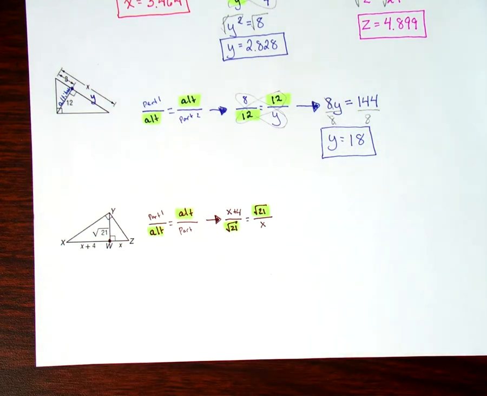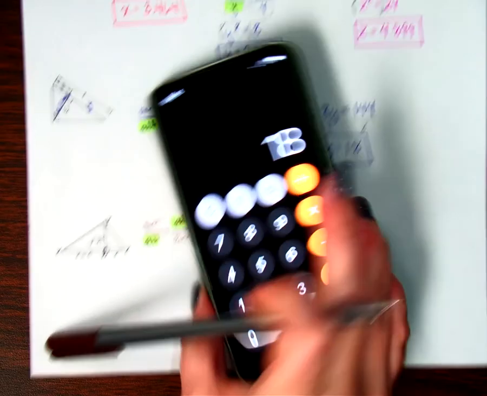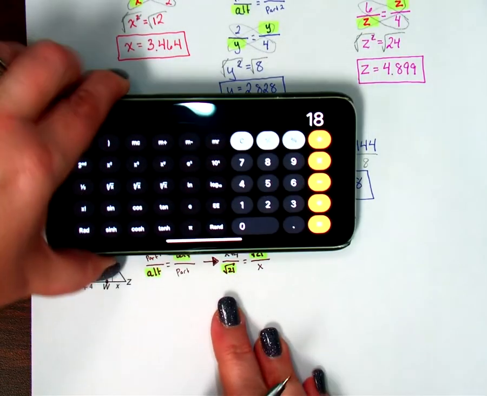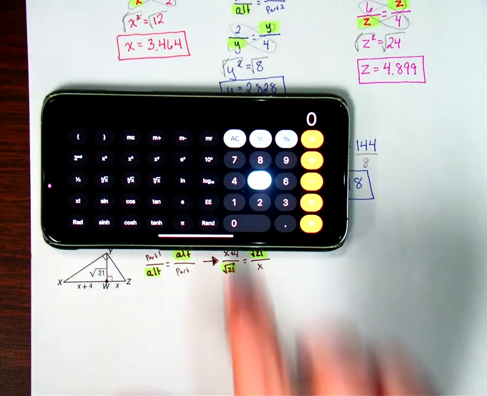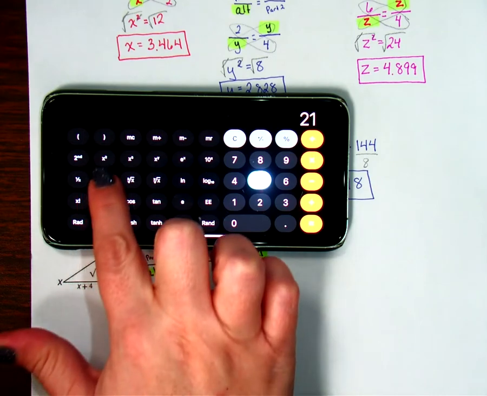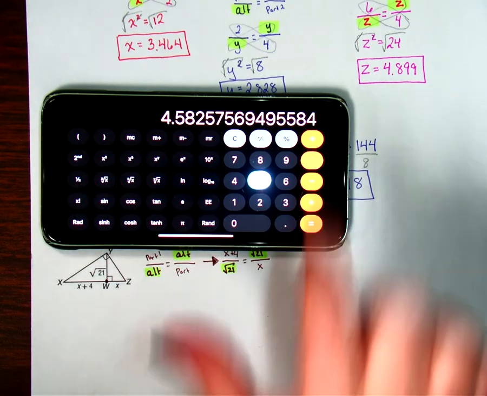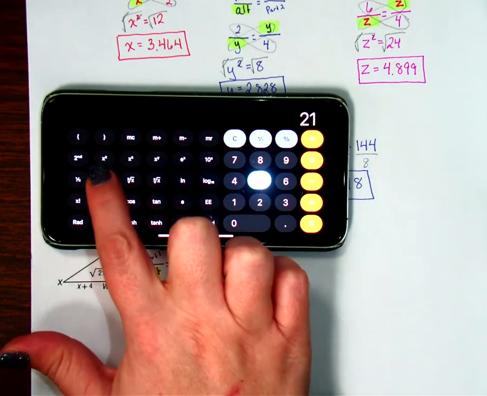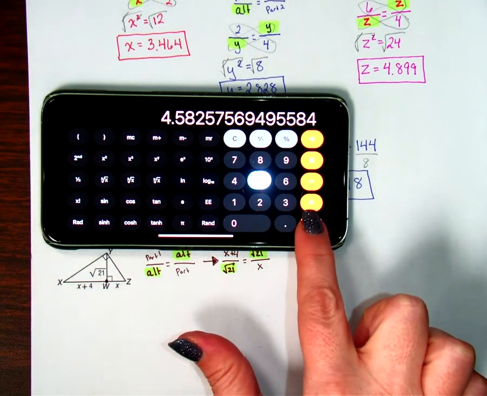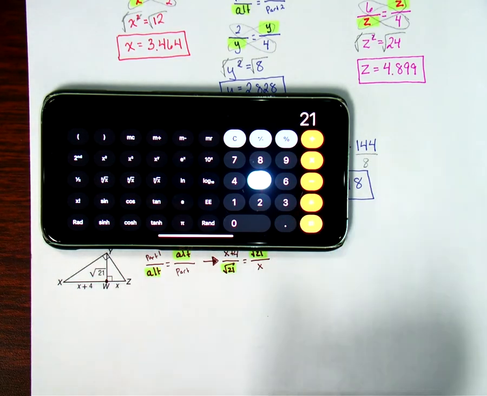Okay? Now, here's kind of the tricky part. When I do that square root of 21 times the square root of 21, when I put that in my calculator, if I do 21 and I hit my square root, times, and then I do 21, and I hit my square root, when I hit enter to see what those two are, notice it just gave me back 21.